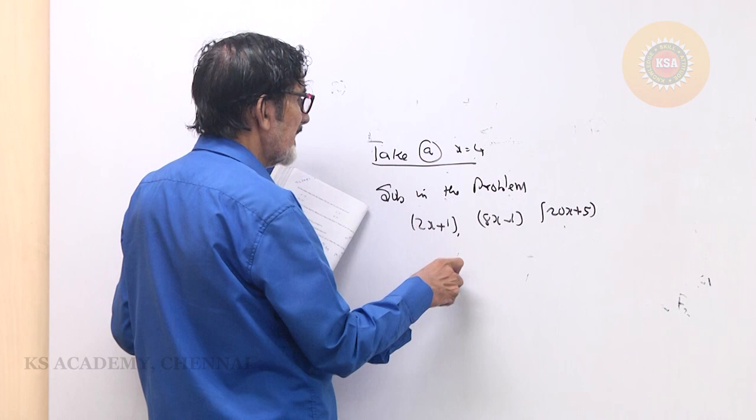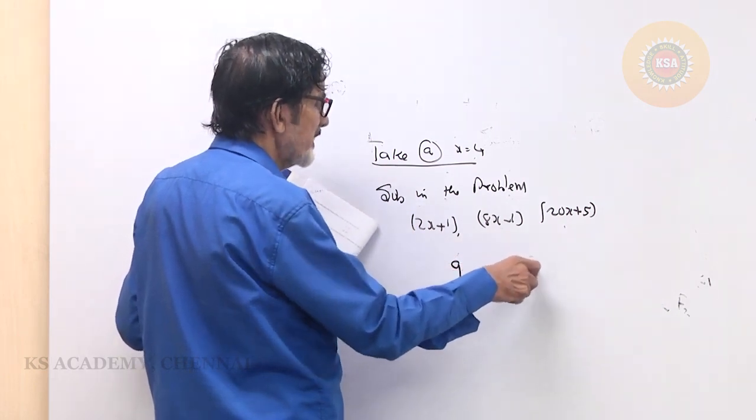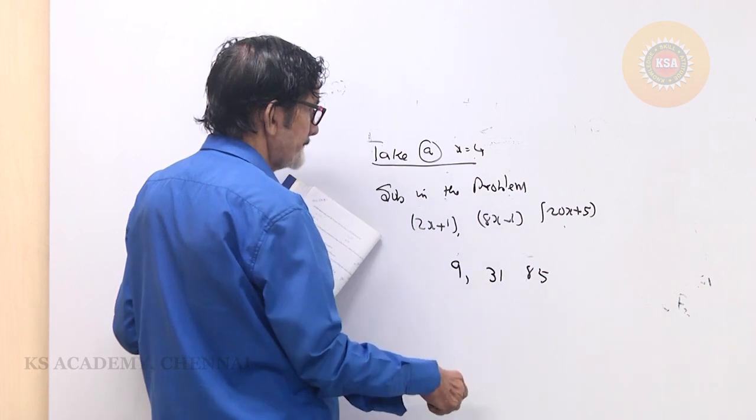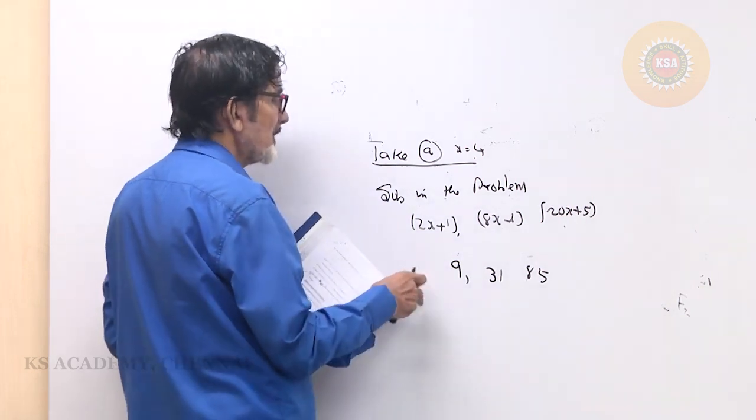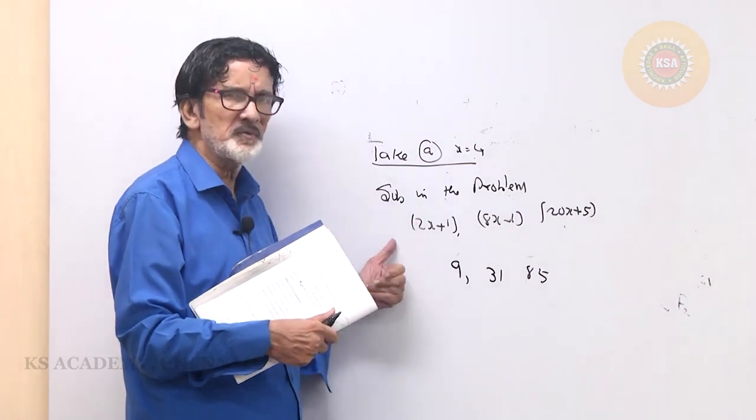If you substitute x is equal to 4, 8 plus 1, 9, you need not write 2 into 4, it is a waste.